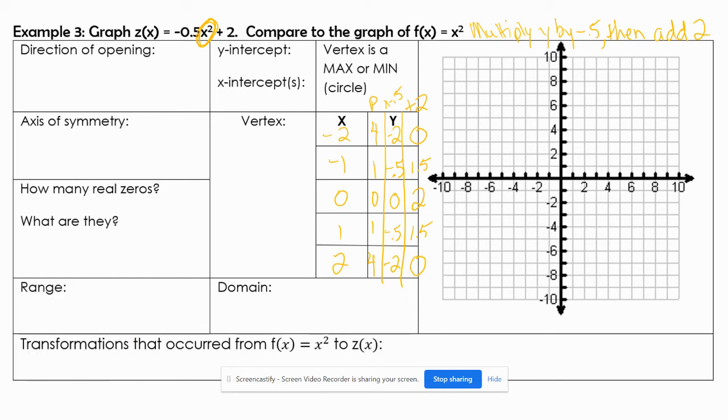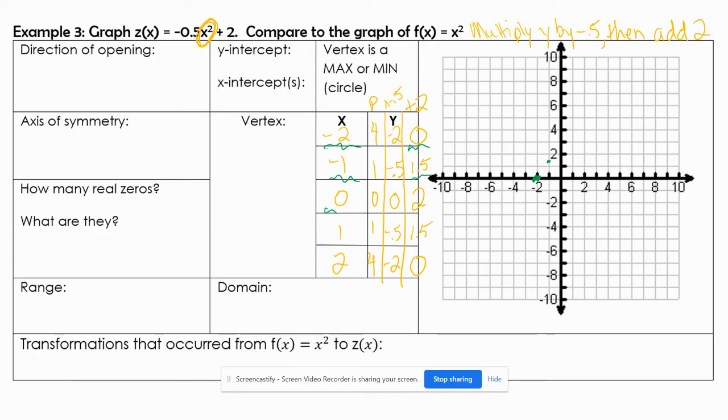I'm plotting these. We have -2, 0. There. -1, 1.5, which is about there. 0, 2 is about right there.